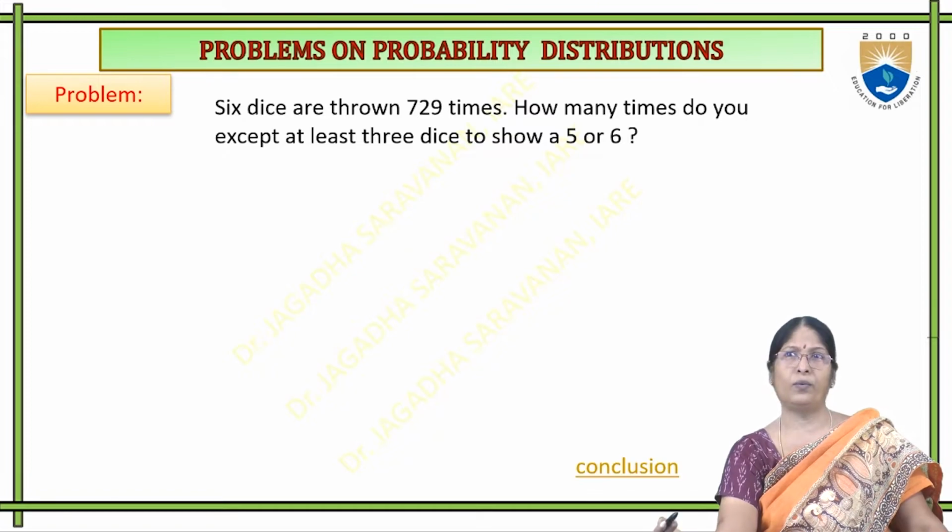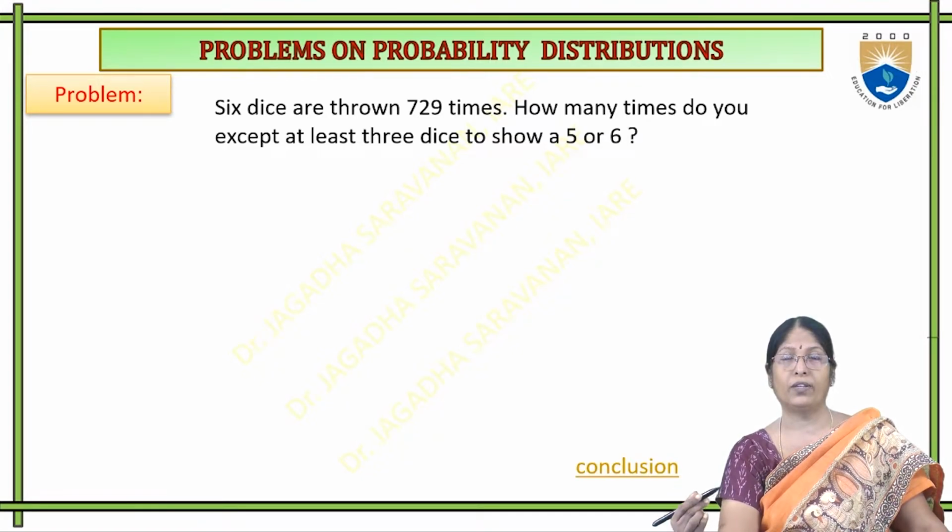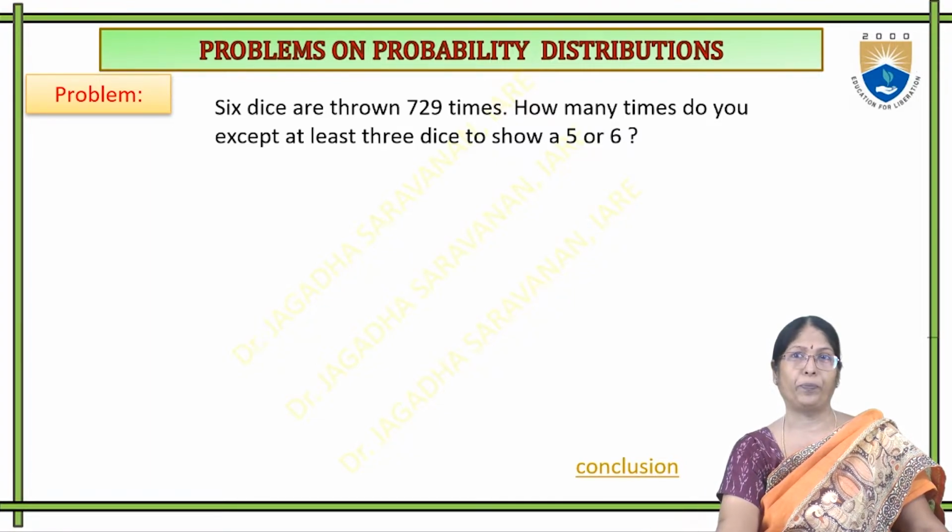What is the expectation? What is the output we have to produce? That is at least 3 dice. We are throwing 6 dice at a time, not giving a gap between throws of individual dice.